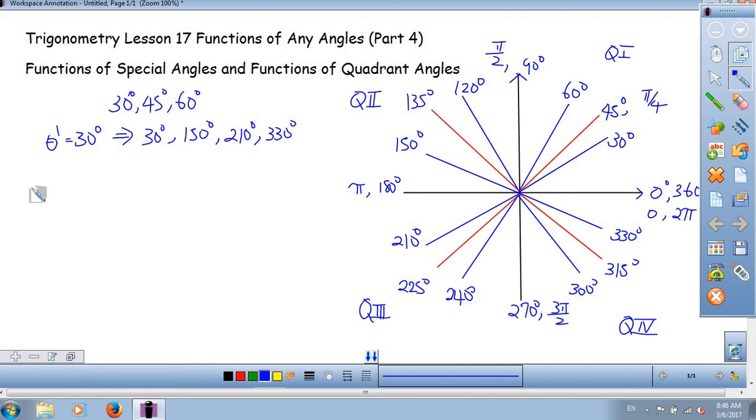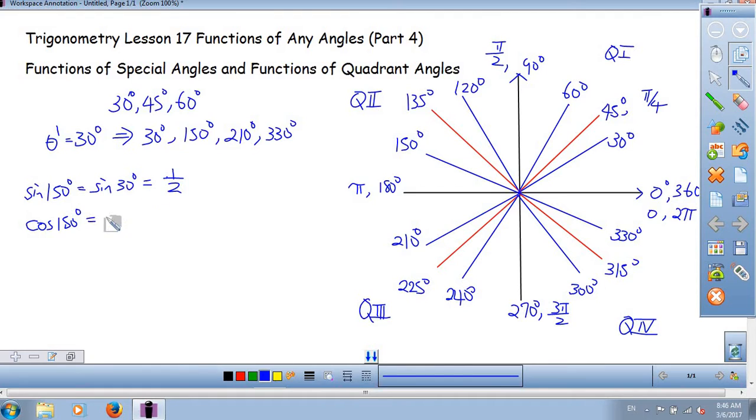Alright, so let me give you an example. Sine of 150 will be equal to sine of 30 degrees, because they are both in the second quadrant where sine is positive, and in the first quadrant sine is also positive. So sine of 30 degrees will be equal to 1/2. Alright, what about cosine of 150 degrees?